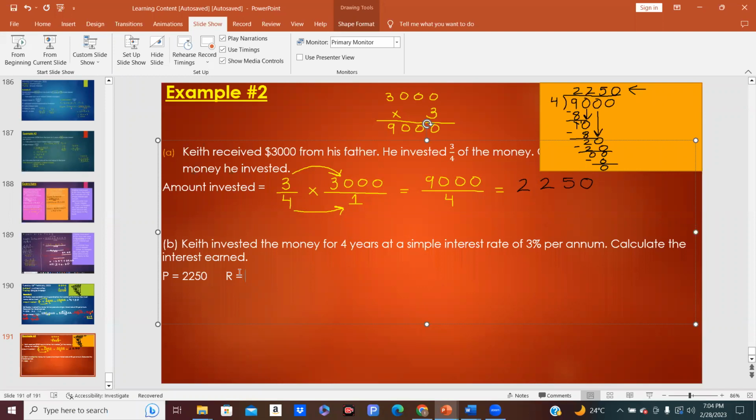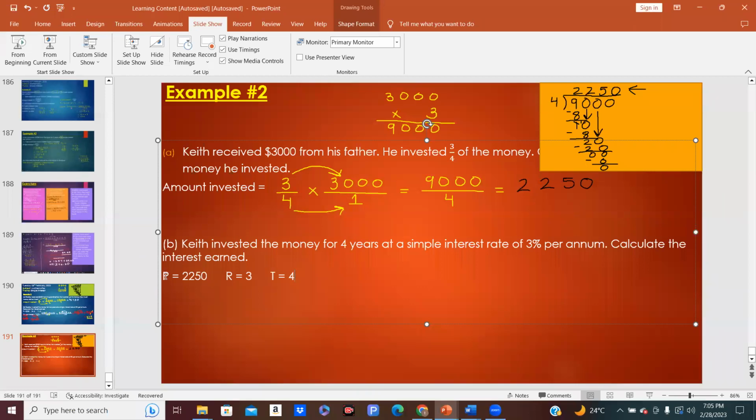Why is R 3? Because that's the simple interest rate. And what is T? 4, because that's how many years. Good. All right, so we are ready to use the formula.